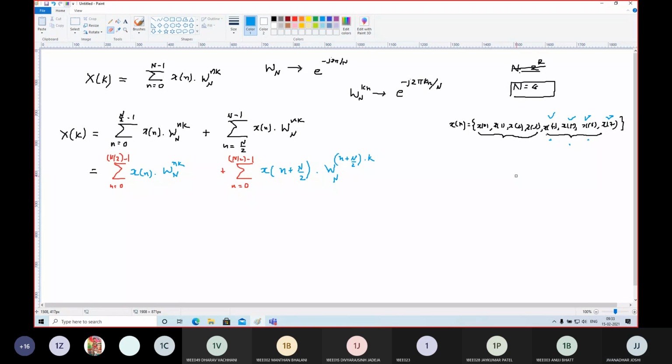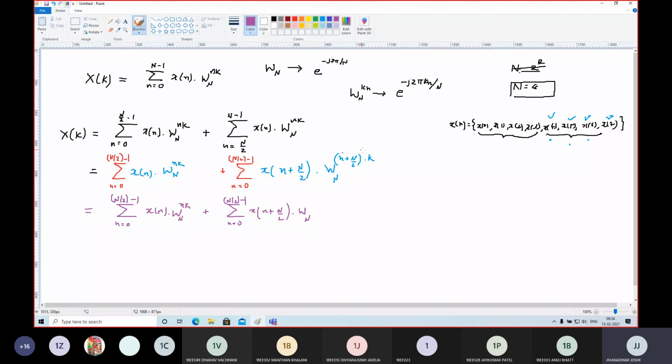No, sir. Okay, so with this agreement, let us now proceed further. So now I will have a wonderful result: x of n Wn raised to nk plus summation n equal to 0 to n by 2 minus 1 x of n plus n by 2 into Wn raised to how much?